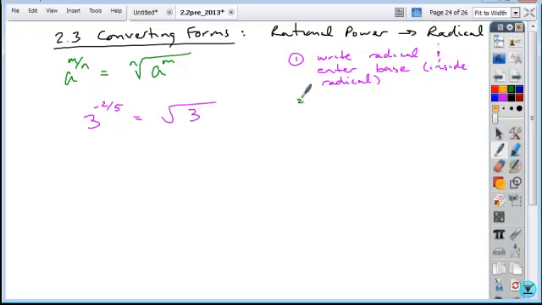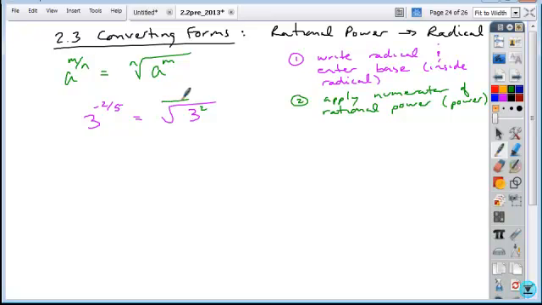Okay, step 2, you apply your power, which is the numerator of the rational power. It becomes the power inside, so the 2. And now the fact that it's a negative 2 tells us where this base is going.